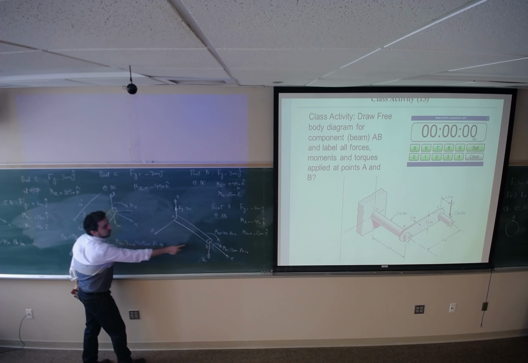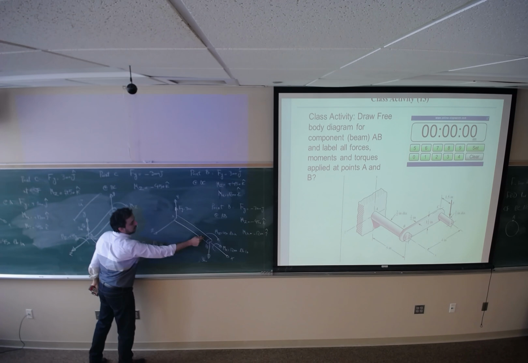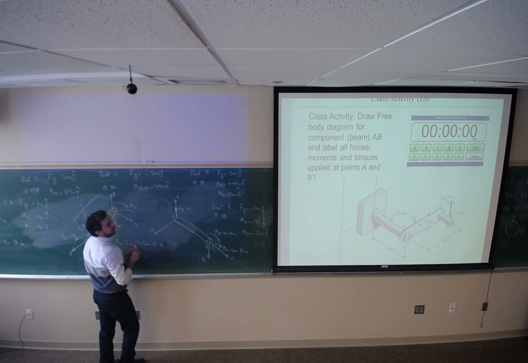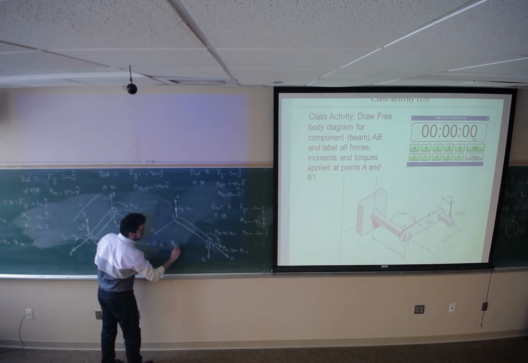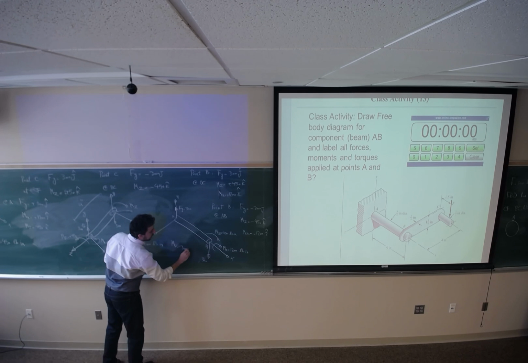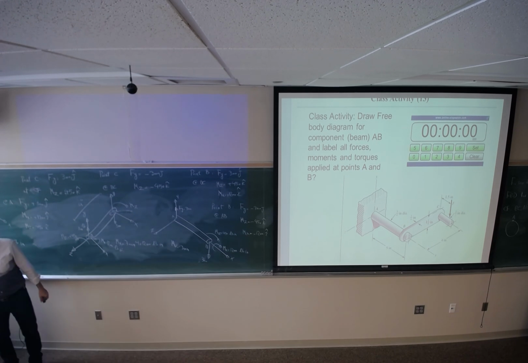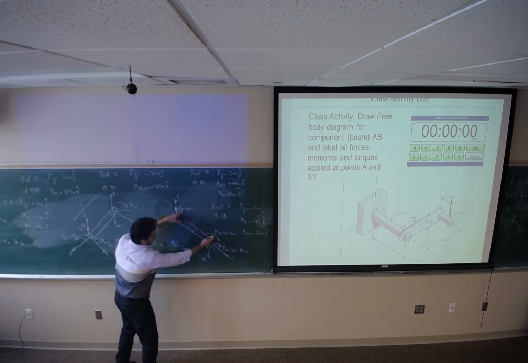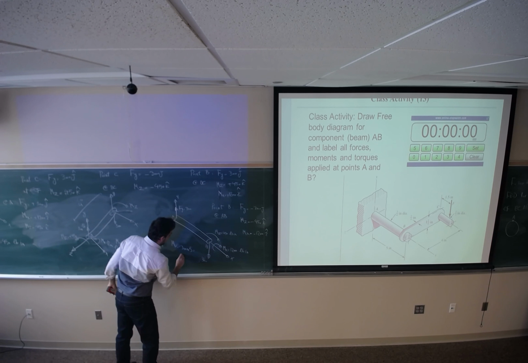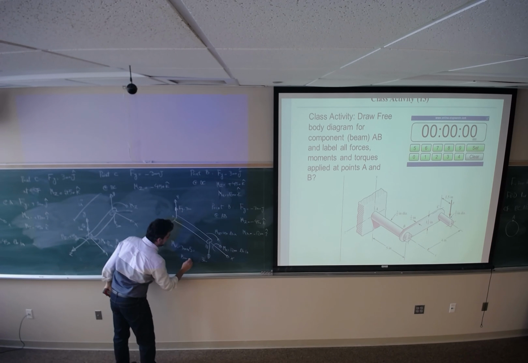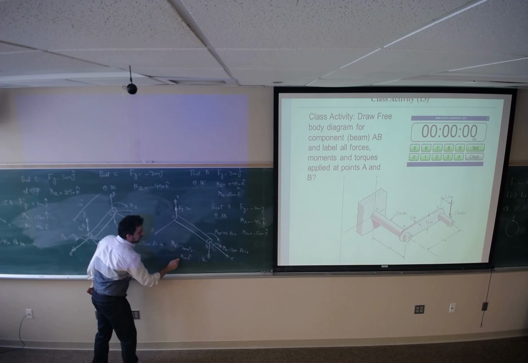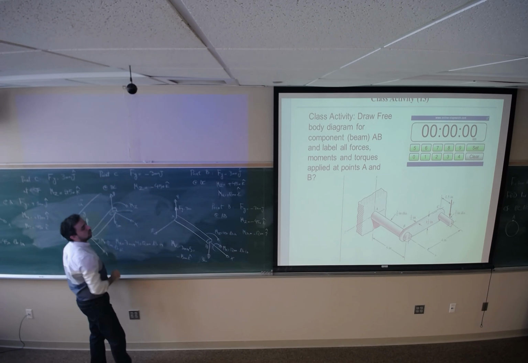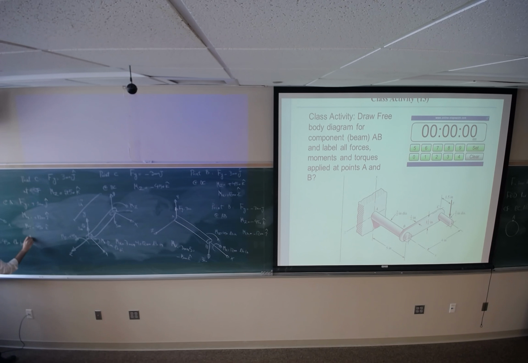So it's making negative MZ. 300 times distance is 5 inch, 1500, in z direction. So it's going to be negative. So the moment that I need here is going to be positive 1500 in K.